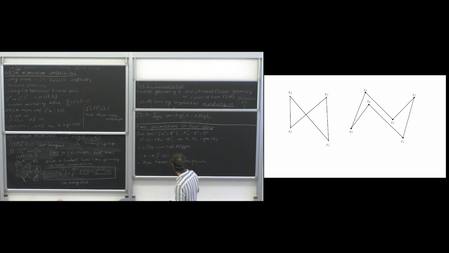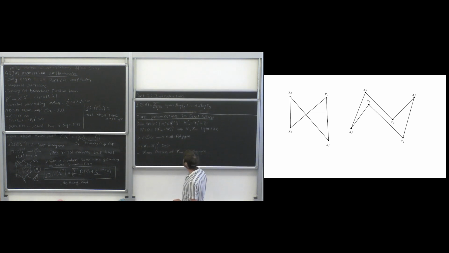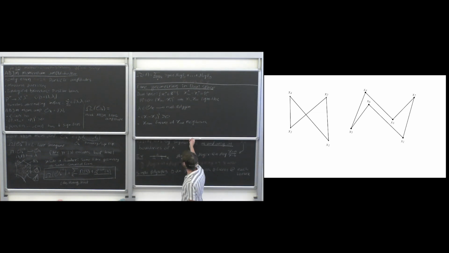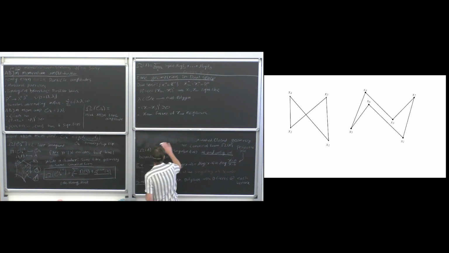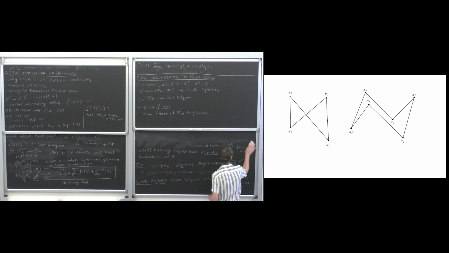Right. So those are properties that the null polygons generated by the tree-level ABJM momentum amplituhedron satisfy. They're not quite sufficient conditions, but they are necessary. And they're the important ones for today.